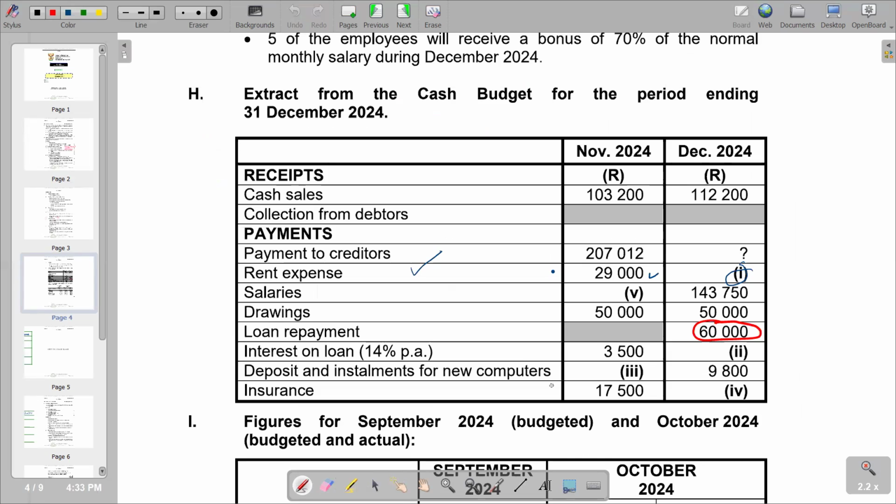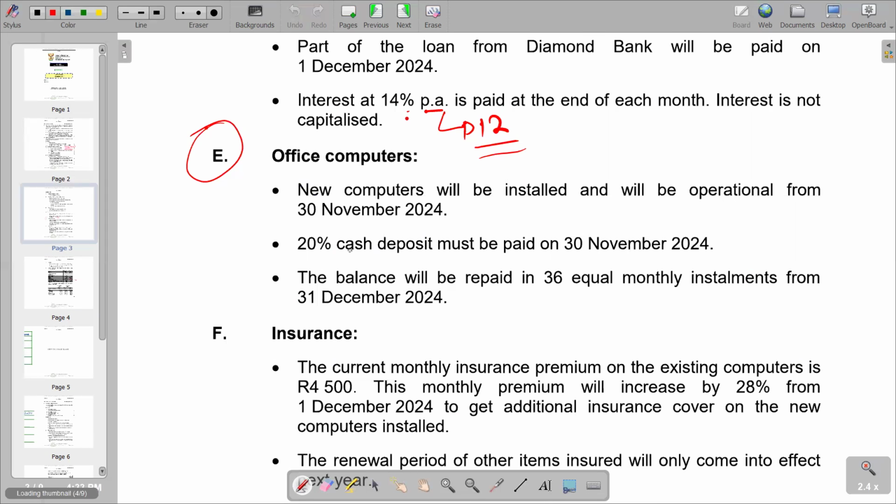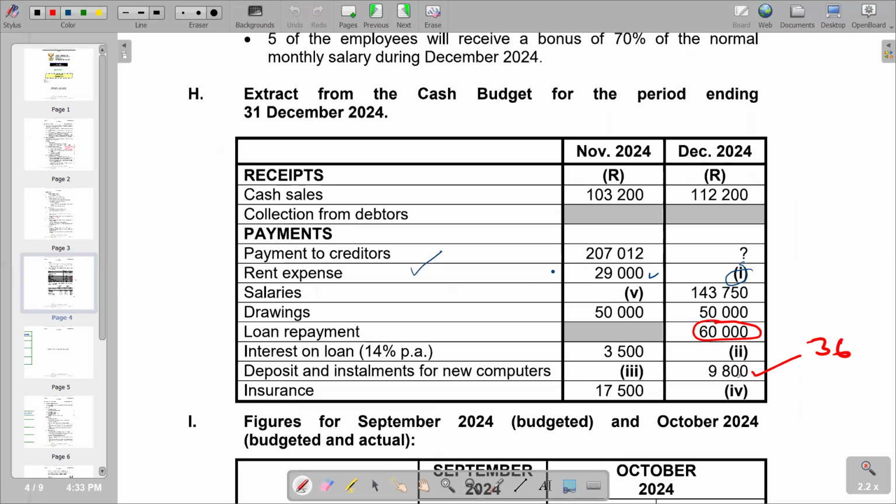So if you go to 31 December 2024, in terms of the installments, we have got 9,800. So this installment of 9,800 is going to be for 36 months, as indicated here. So we multiply 9,800 times 36.